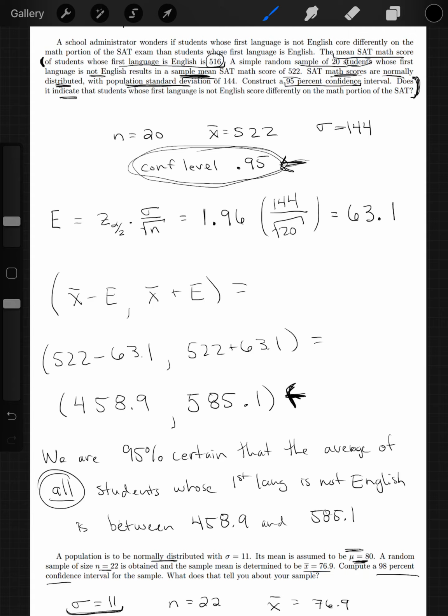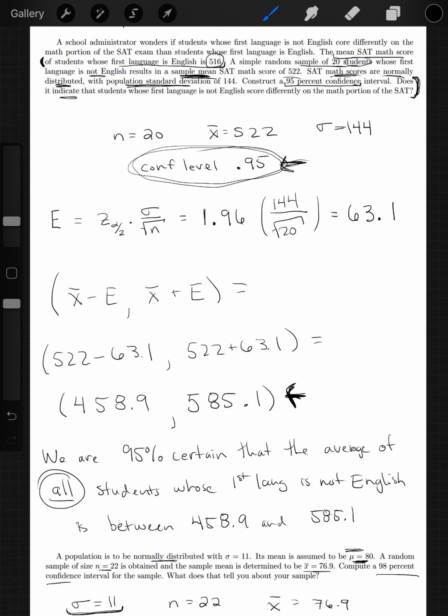So whatever you have the sample data for, that's what you're making a confidence interval about. If you have any statements that don't refer to the population that you're taking a sample from, put those aside, put a pin in them, shelve them for later. You might need them, but you don't need them to construct the confidence interval. So that first sentence, we're going to table it, put it aside for now.